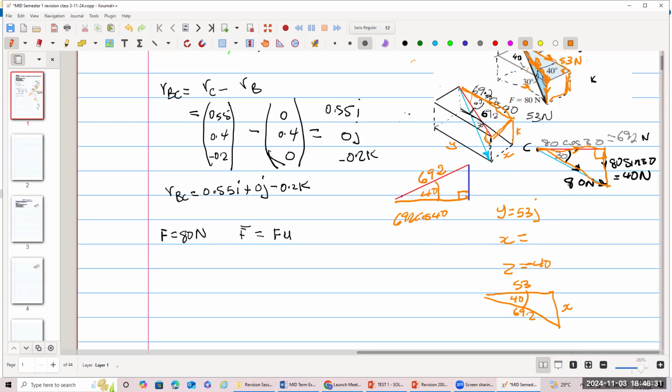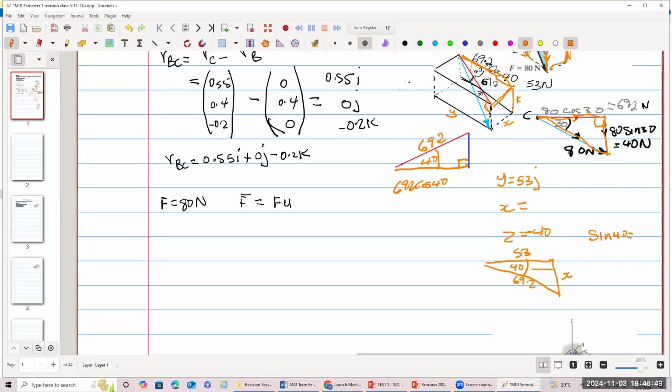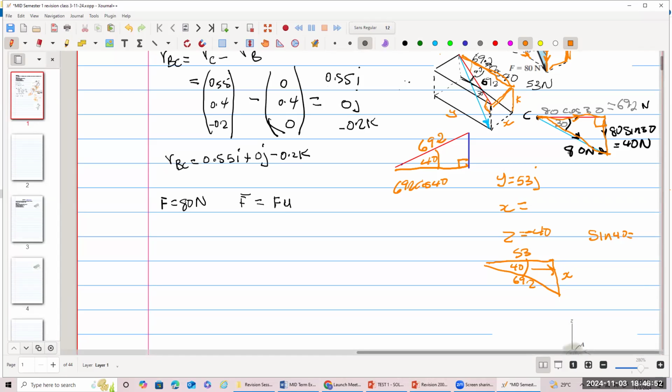So we need to check our x component now. Let's work it out and see if it's correct. Here we can use any trig ratio we want, sine or tan or anything. You could say sine 40 is equal to the x upon the hypotenuse, which is 69.2.